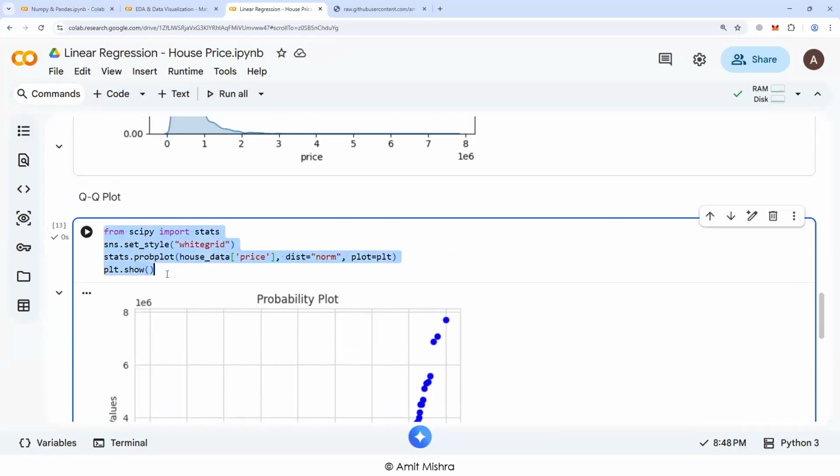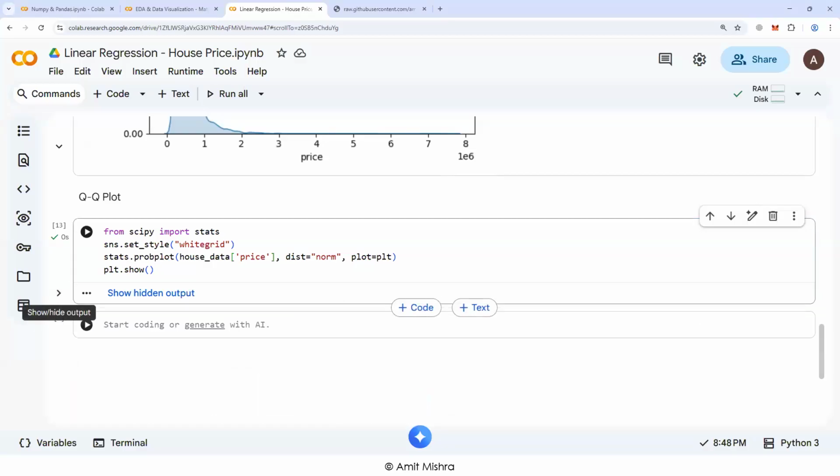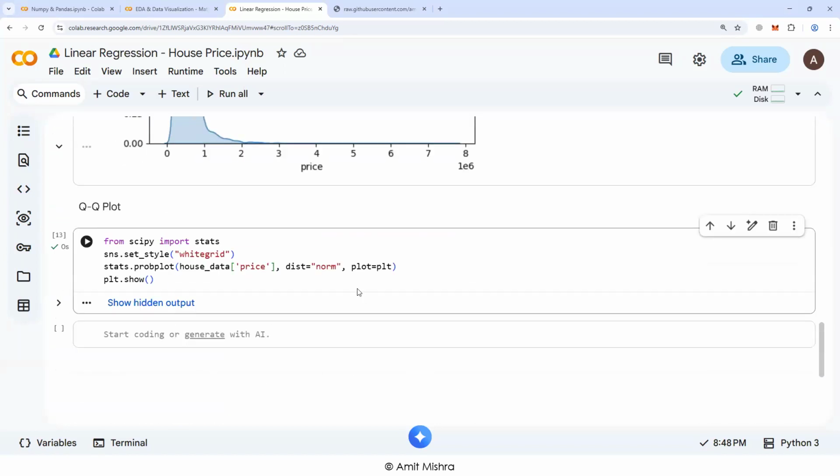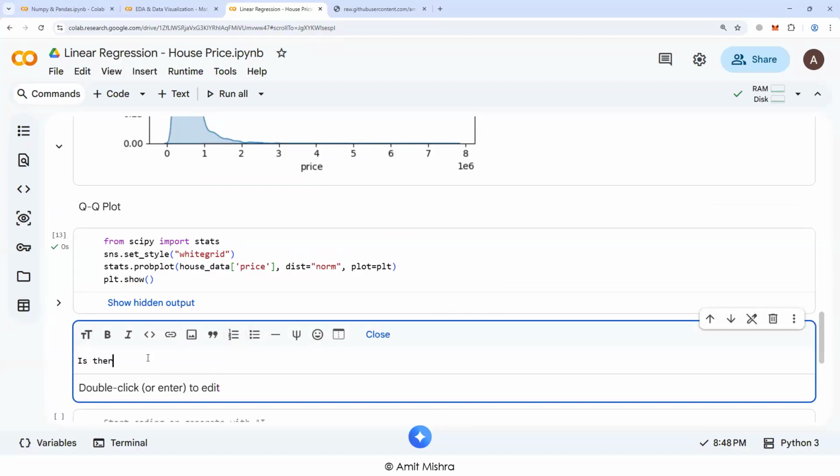If your data samples are not close enough to this line, we can say that your data is not normally distributed. So this is your quantile plot.